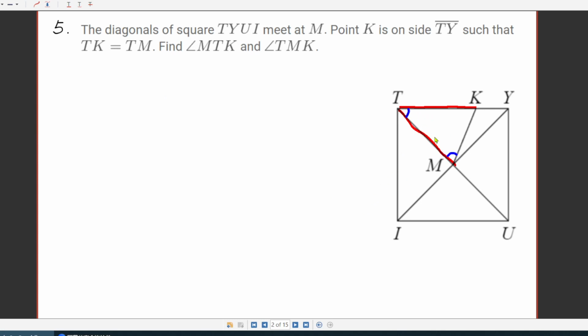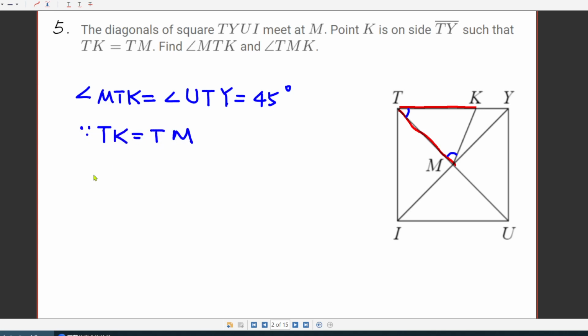Of course, if you know the angle MTK, you can find TMK immediately, right? Okay, first of all, we know that angle MTK equals angle UTY, which is 45 degrees, right? And because TK equals TM, we have angle MKT equals angle TMK, right?